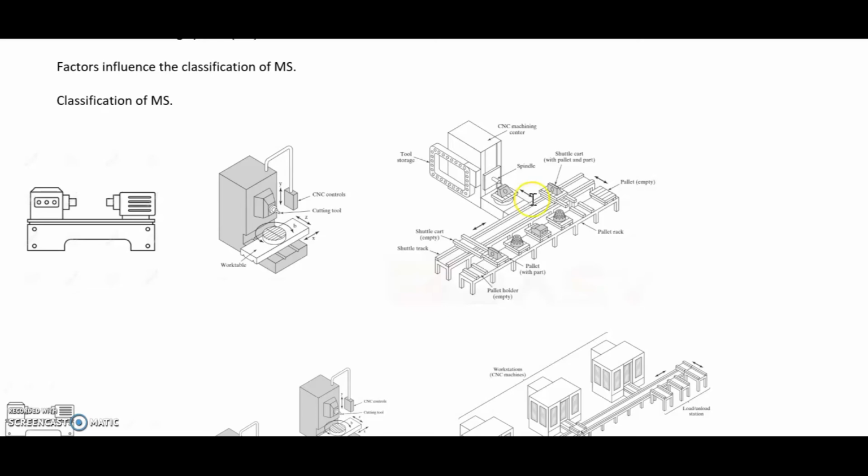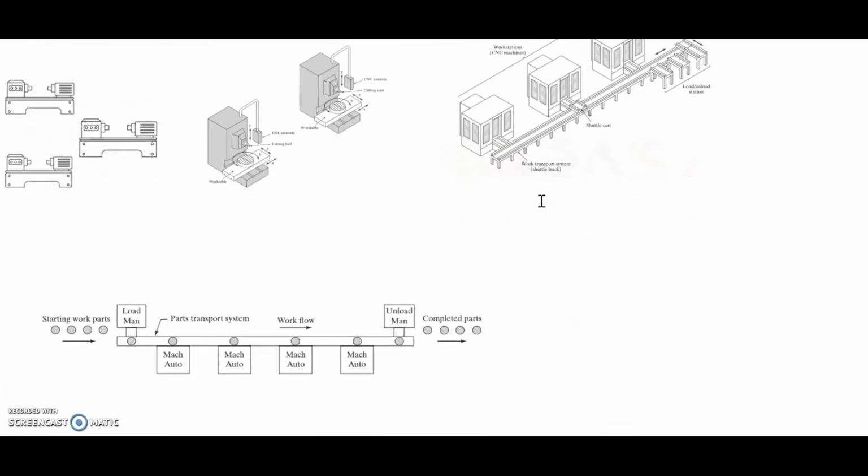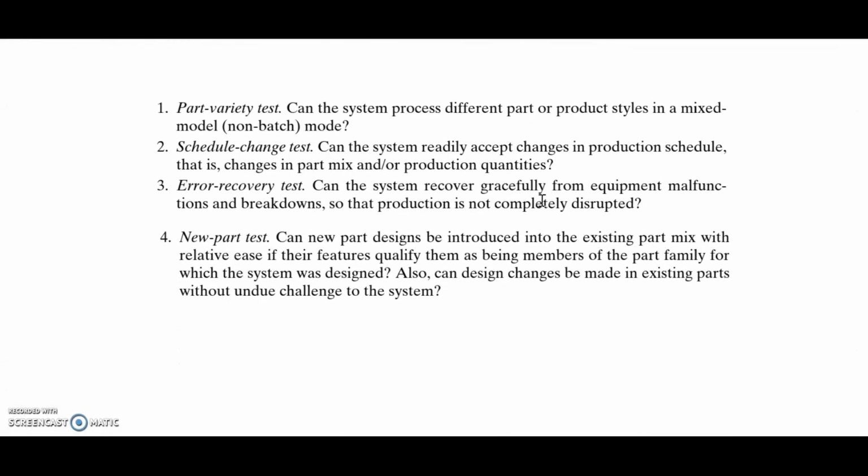Then we have to determine whether the system can pass 4 flexibility tests. So there are 4 flexibility tests to determine whether a system is FMS or not. The first one is the part variety test. Can the system process different part or product styles in the mixed model mode?